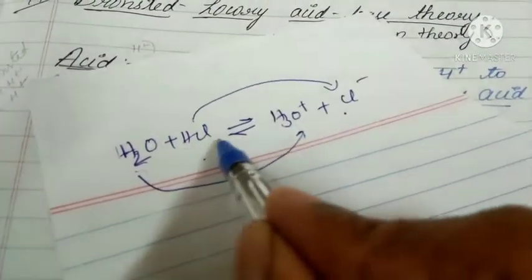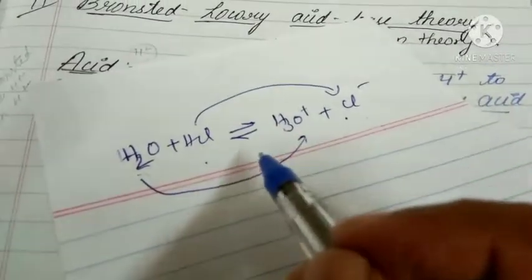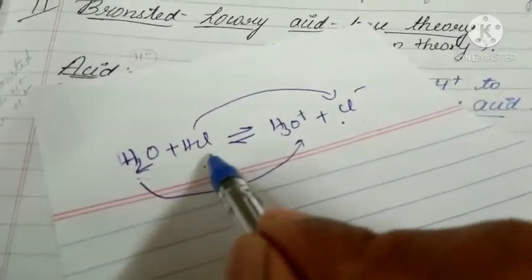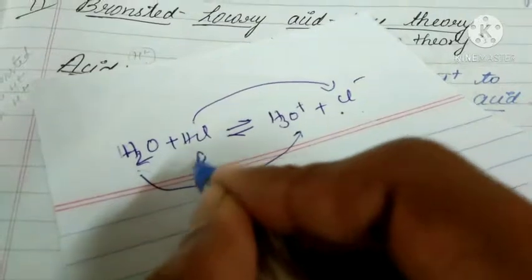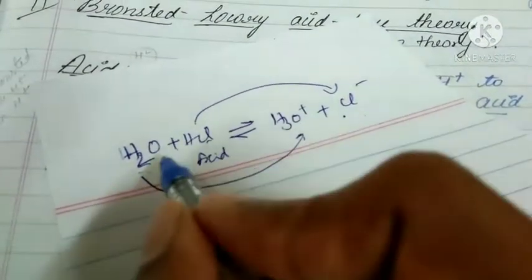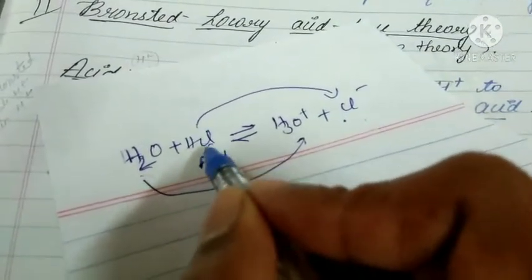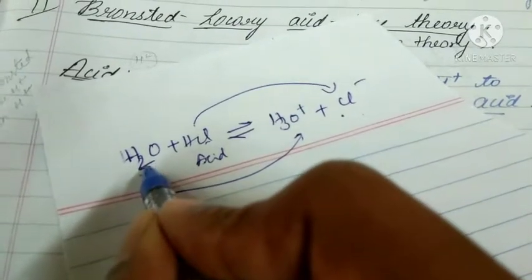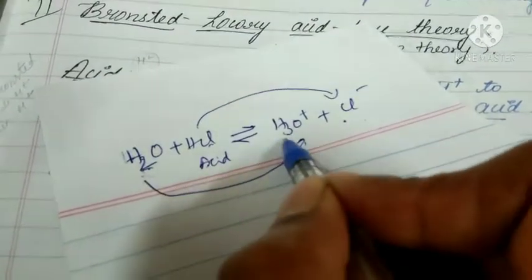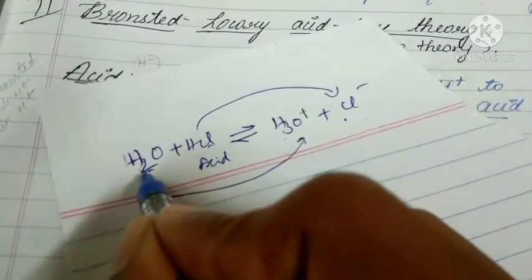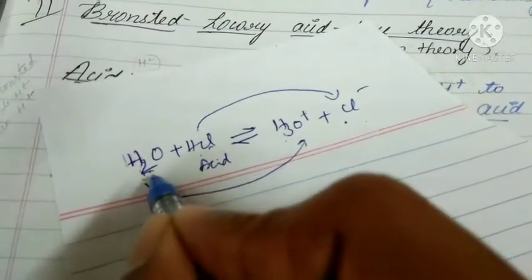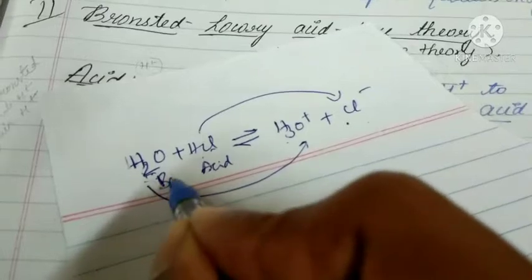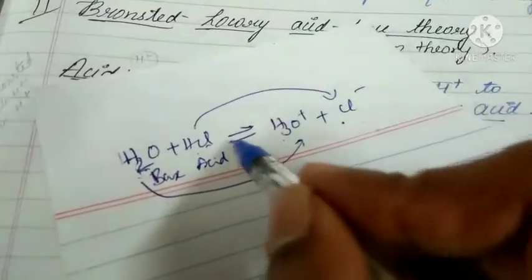That means HCl donates H plus. That is why it becomes Cl minus. That means HCl acts as acid. HCl donates H plus to H2O. That is why H2O becomes H3O plus. That means H2O gains H plus from HCl. So H2O acts as base.